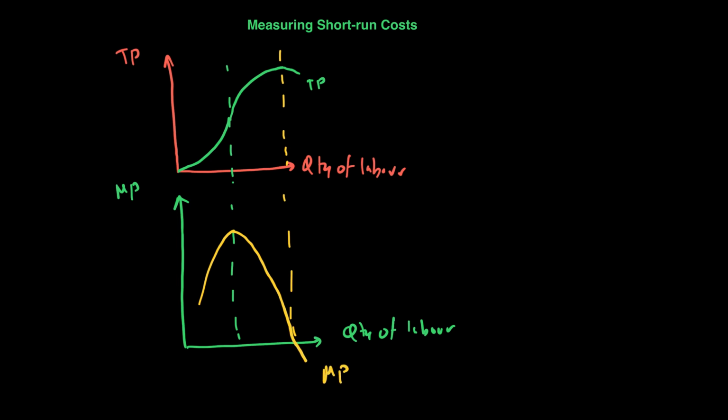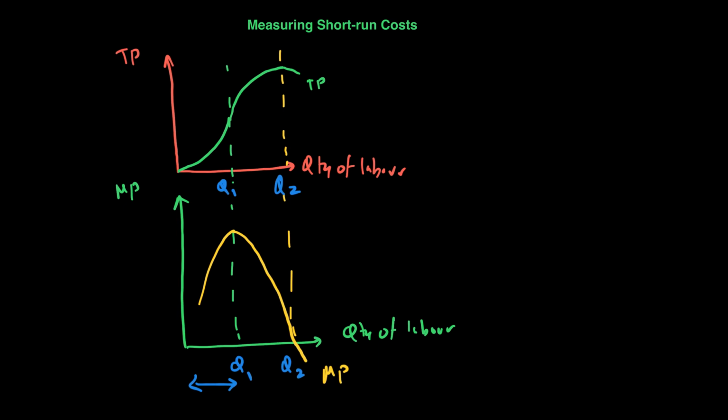Let's call this Q1 of labor versus Q2 of labor. Till Q1 of labor, MP is going up and TP is rising at a faster rate. From Q1 to Q2, MP is falling because of the law of diminishing returns, and that's why TP is rising at a slower rate, and then MP falls.